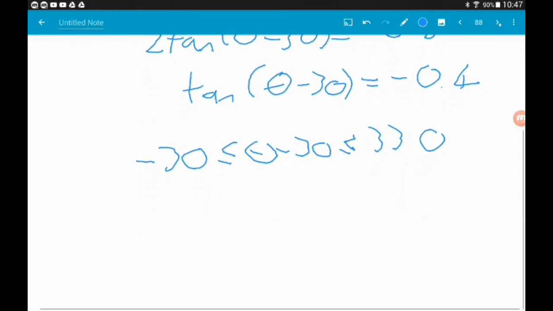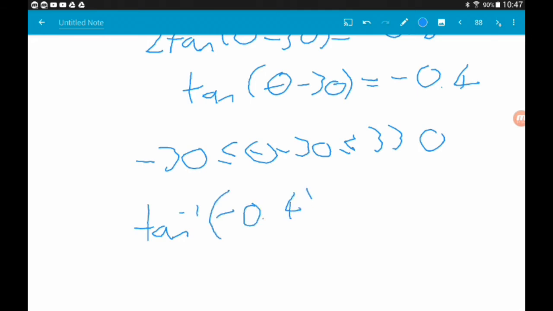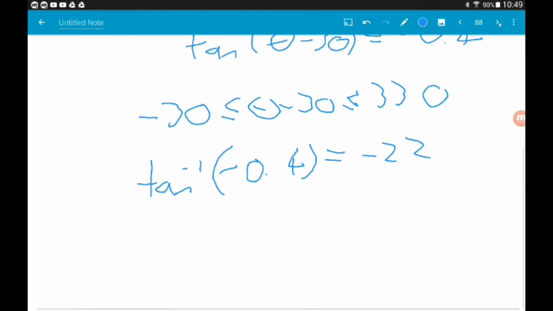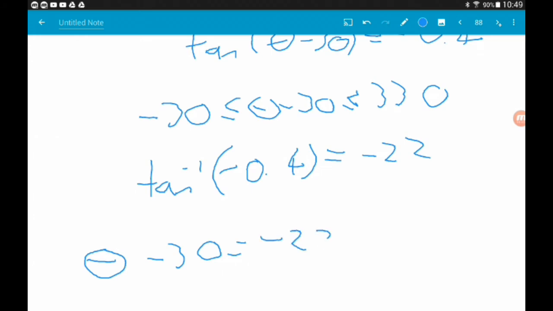Using our calculator, the inverse tan of minus 0.4 is, to the nearest degree, minus 22. That is in our interval for theta minus 30, so that is one of our solutions for theta minus 30.